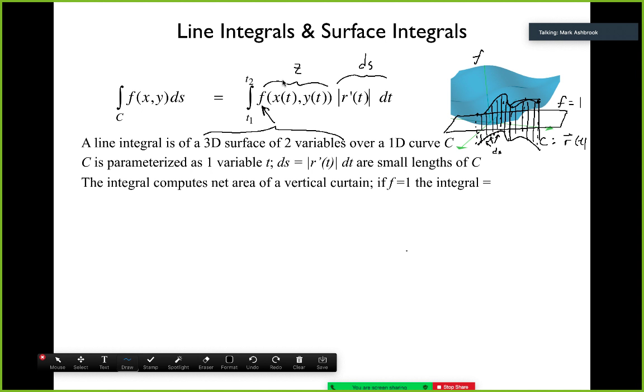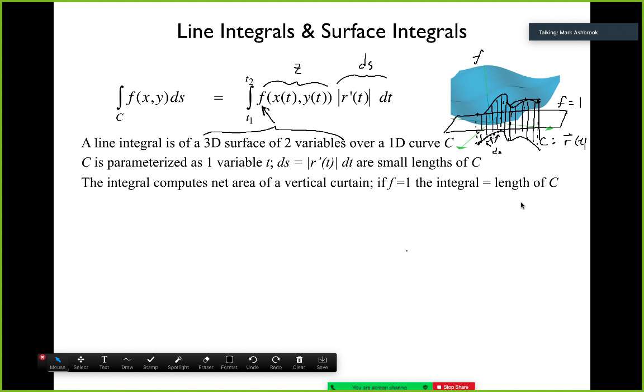If this was 1, then it would be the area of the curtain where the height is 1 everywhere. And what will that be the same as? The length of the curve. Right, because if we're taking the base, these little ds's, times 1, we're just going to get the ds's. If we sum up all the ds's, we'll just get the length of the curve. So you get the length of C.